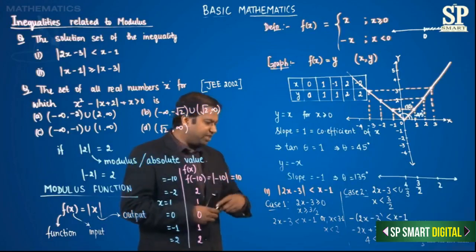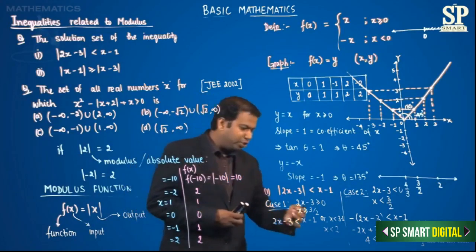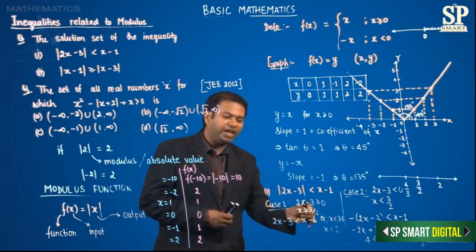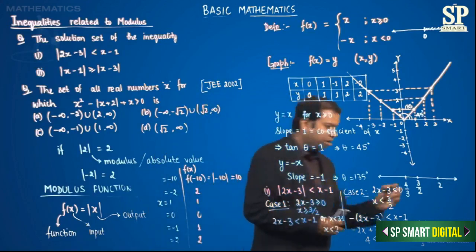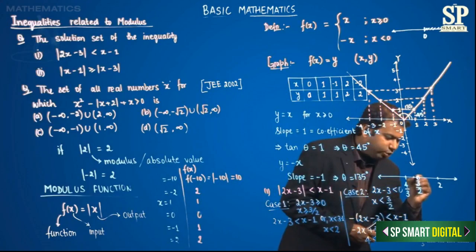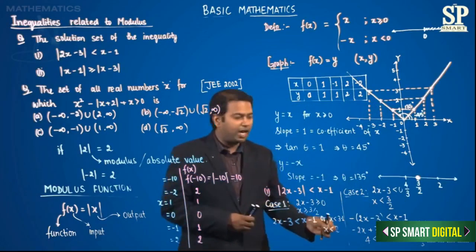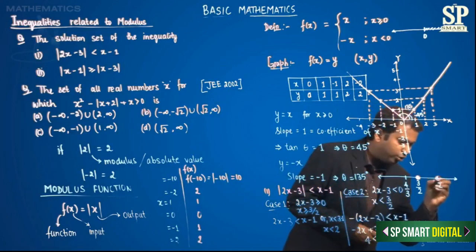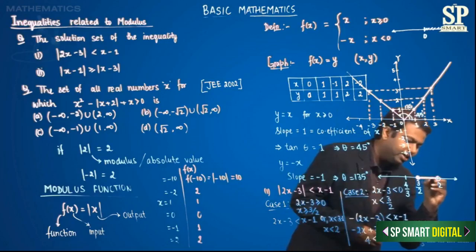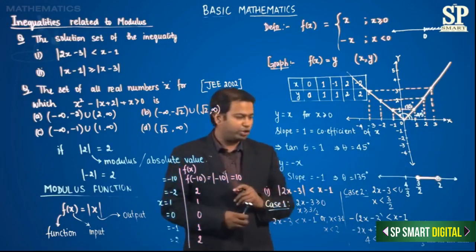In the first case, the solution is x should be greater than or equal to 3/2, that is, here we need a solid circle, and it is less than 2. So at 2 we have a hollow circle and all the values of x lying in between are also a solution.